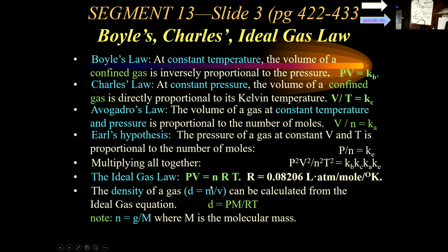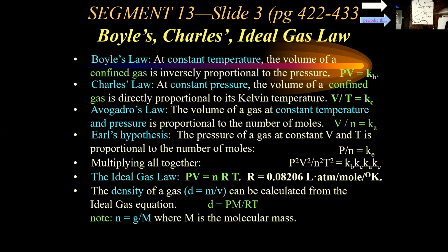So if I put that in for n in the ideal gas equation, then I'm going to have g over V. That's grams over volume, which is density. So the density calculates to be this just by plugging these numbers in and using the definition of density. The density of a gas then is the pressure times the molar mass divided by R and T.